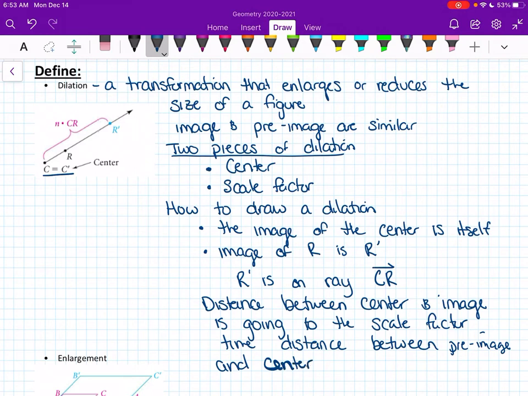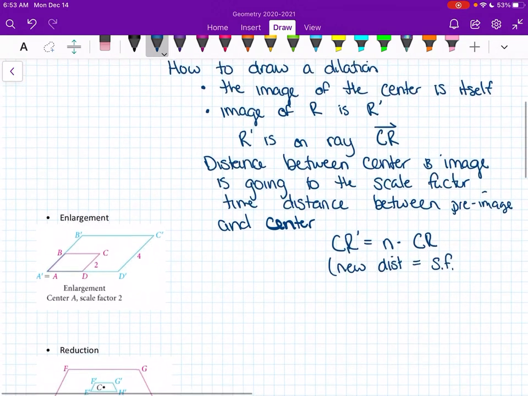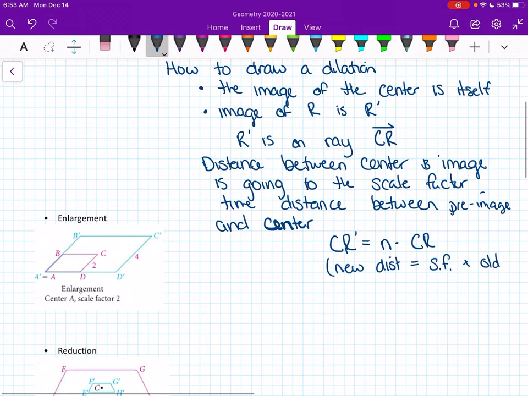Okay, so if I wanted to put that in a formula, it would look like this. The length from C to R prime is going to equal the scale factor, which we're calling N, times my old distance, okay? So new distance equals scale factor times old distance.